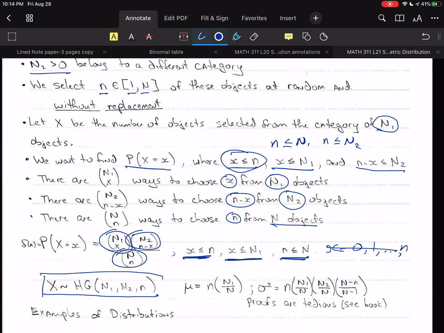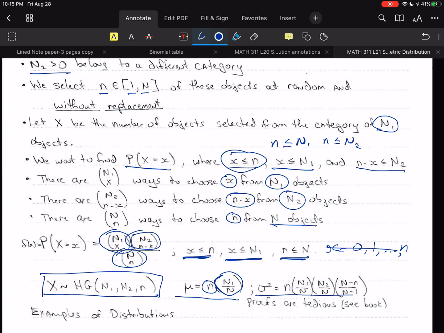So here's how we write it: X is hypergeometric with N1, N2, and little n. The mean mu is equal to little n times N1 over N. This is the proportion of objects that are in that one category, times how many we select, so that makes sense intuitively as the mean.